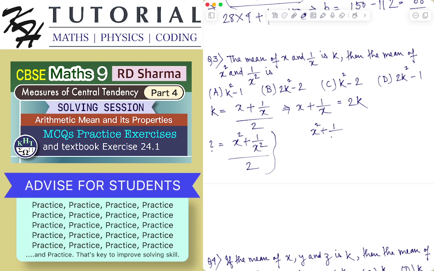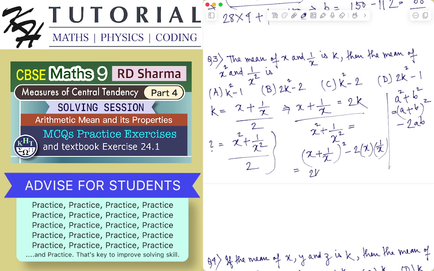So x square plus 1 by x square is in the form of a square plus b square. We know that a square plus b square is equal to a plus b whole square minus twice ab. So x square plus 1 by x square will be x plus 1 by x whole square minus 2 into x into 1 by x. X plus 1 by x we already found to be 2k.